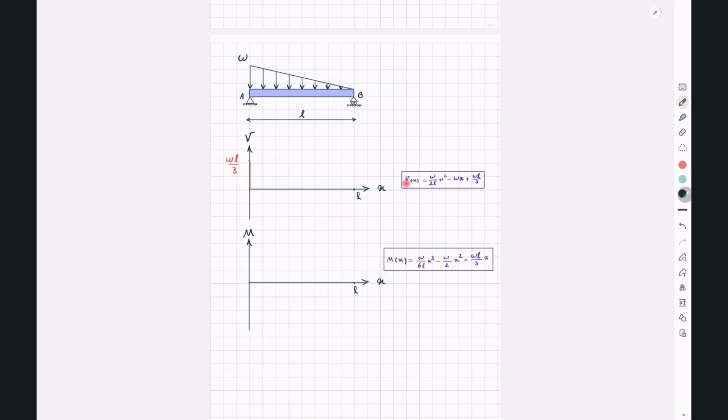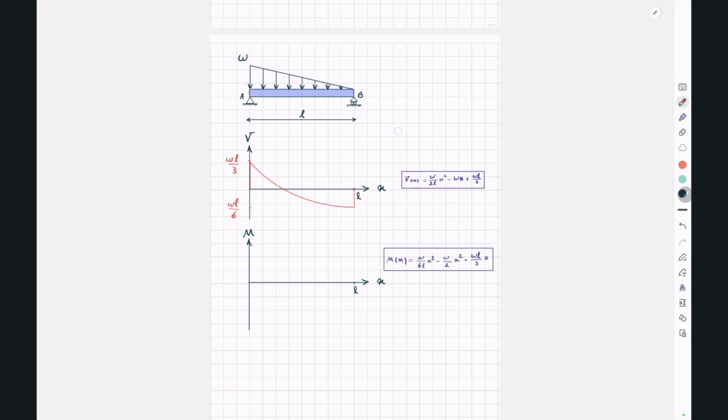And then from 0 to L, this will be our equation, which is going to look something like this. And then at x equal to L or point B, we had a support reaction equal to WL divided by 6. So we'll go up to come back at shear force equal to 0. So this is WL divided by 6.